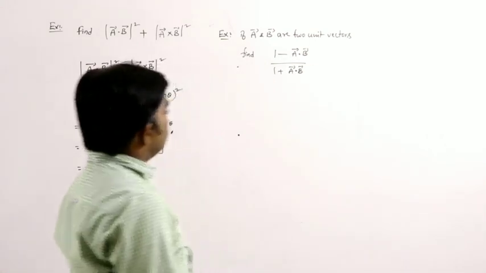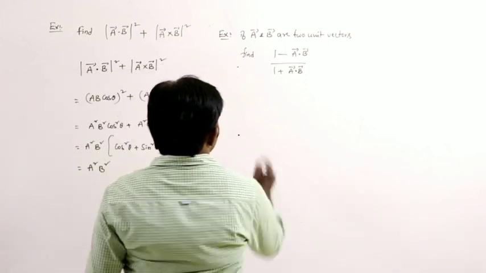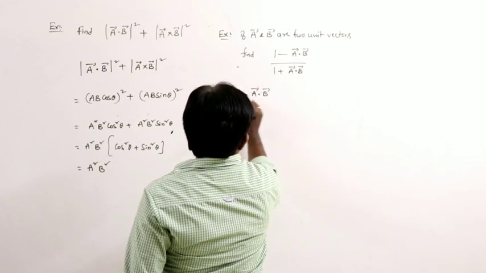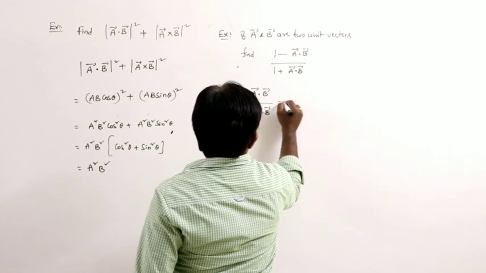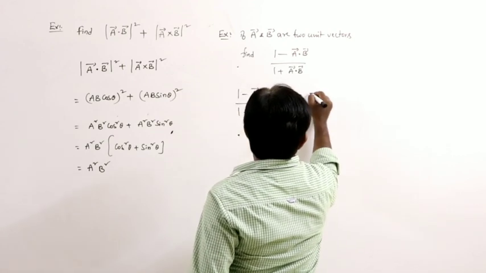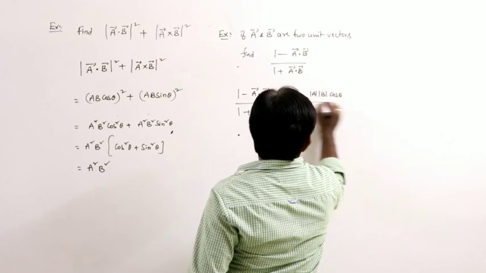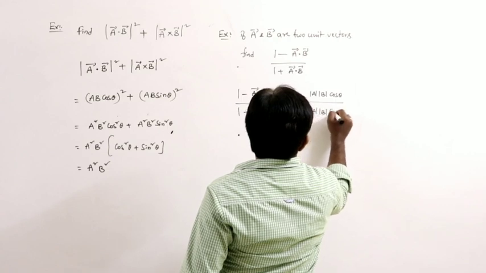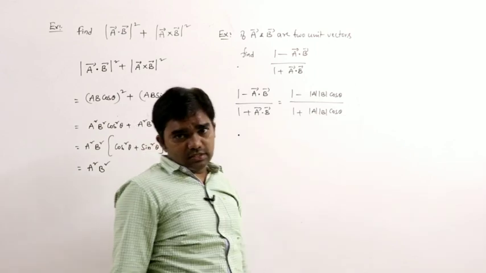First, 1 minus a dot b can be written as 1 minus modulus of a into modulus of b into cos theta, divided by 1 plus modulus of a into modulus of b into cos theta. A dot b can be written as ab cos theta.